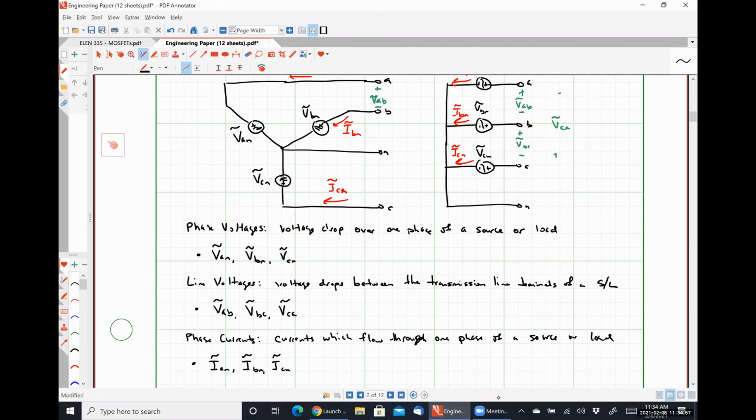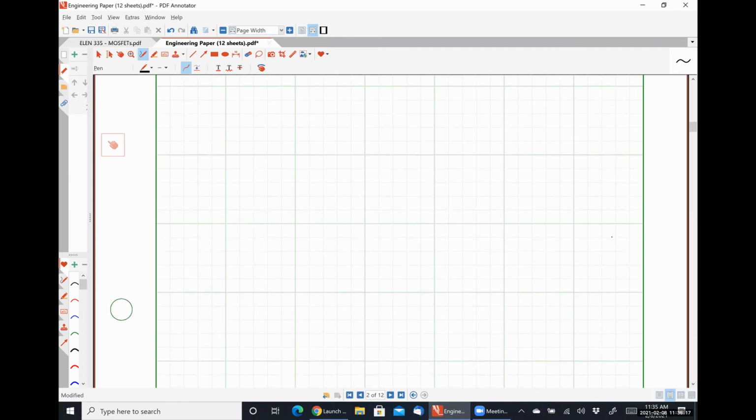All right, so this is our Y-connected source. It is a 4-terminal system or 4-terminal voltage source where, again, our neutral terminal may not actually be connected to anything. Next, let's talk about a delta connected source.